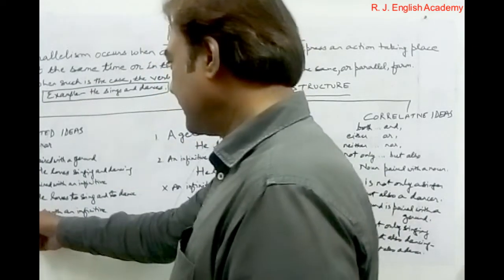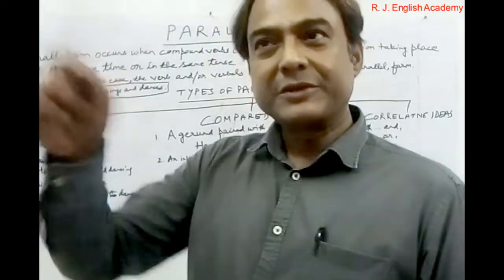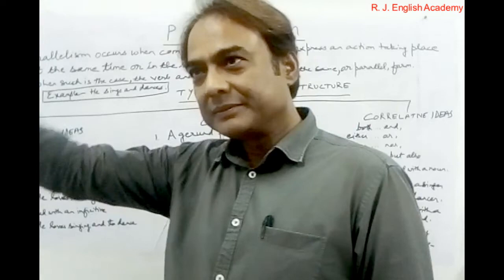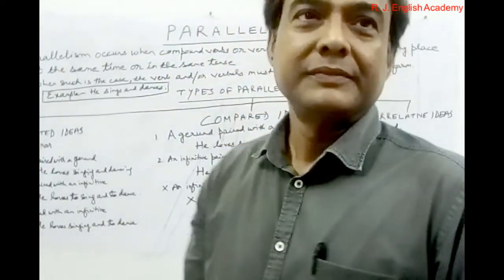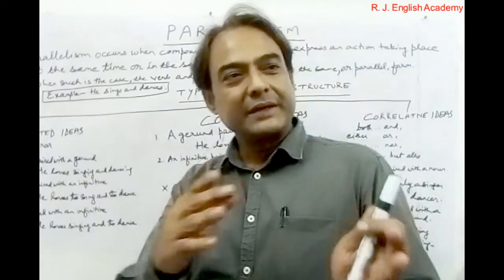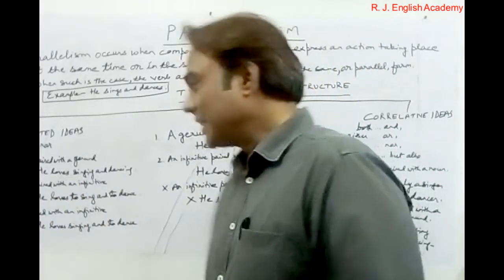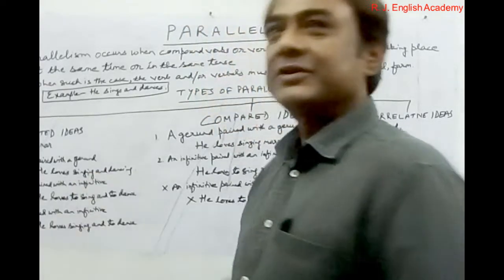We can also pair an infinitive with an infinitive. To plus something, then to plus something. So, he loves to sing and to dance. Correct? But we cannot pair a gerund with an infinitive or an infinitive with a gerund.